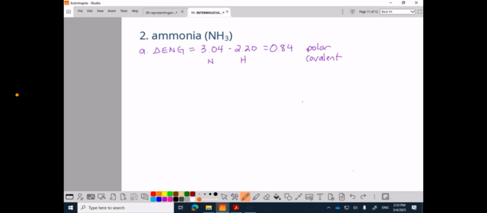We can do the bubbles, we can do the lines, but nitrogen is a sneaky, sneaky column. If you skip the transition metals, it is column number 5, which means there is going to be 3 bonding spots and 1 pair of electrons left over.